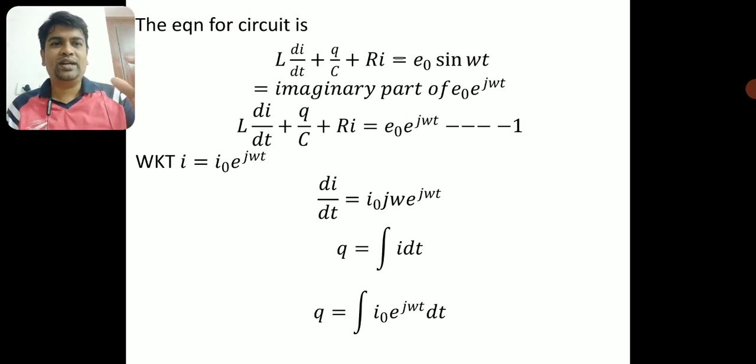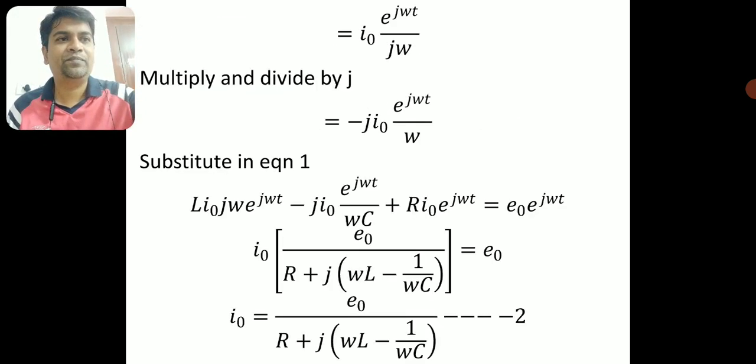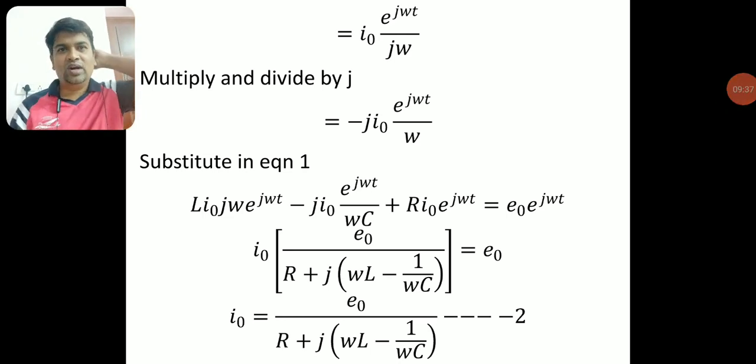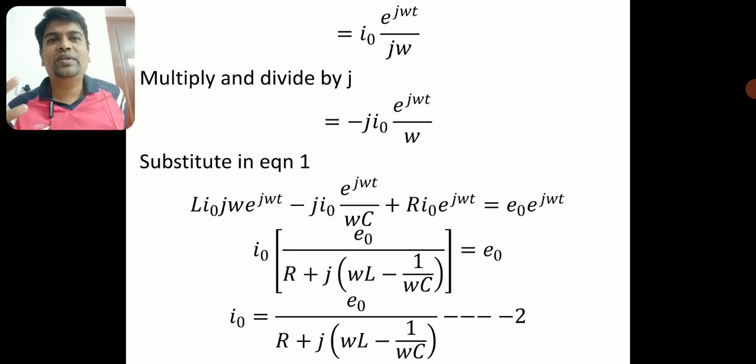Now I'll substitute current I as I naught e to the power of j omega t. Now it is a very simple thing to integrate. You all know that the integration of e to the power of ax is e to the power of ax divided by a. Exactly in the same way, the integration of e to the power of j omega t will be e to the power of j omega t divided by j omega. That term you have to write in the denominator.